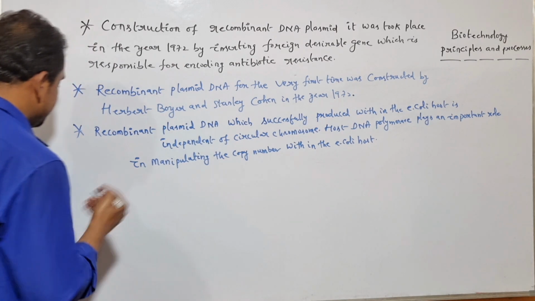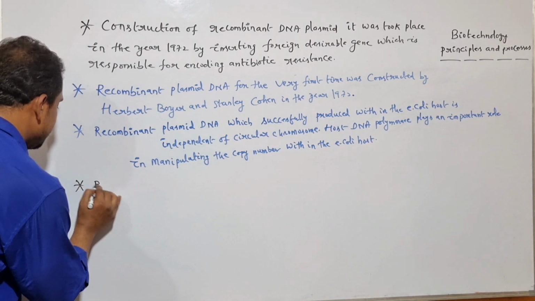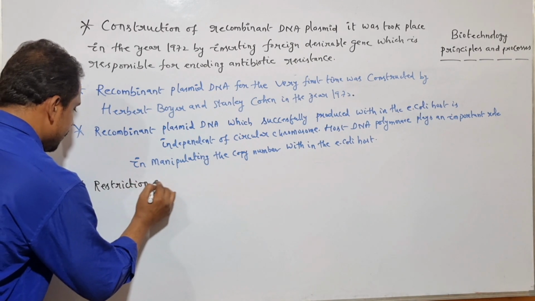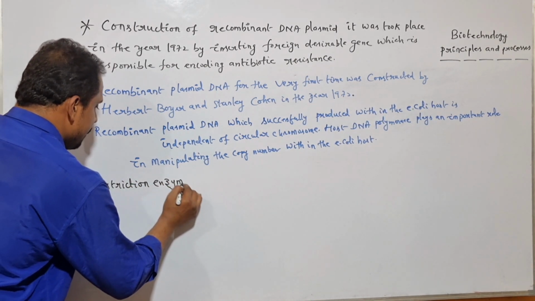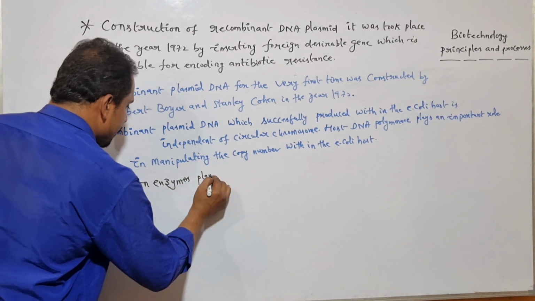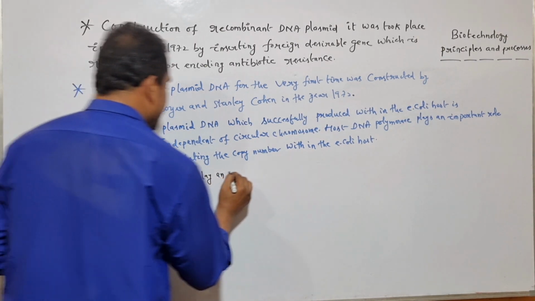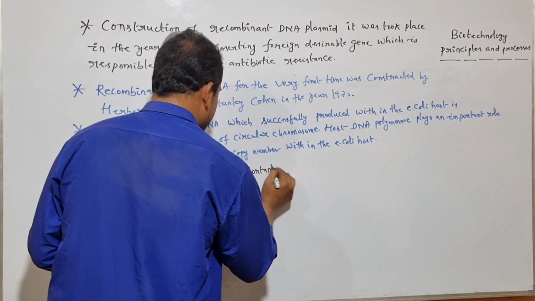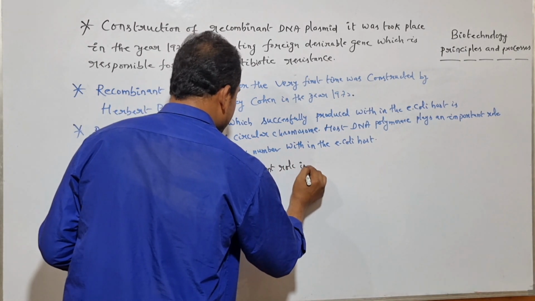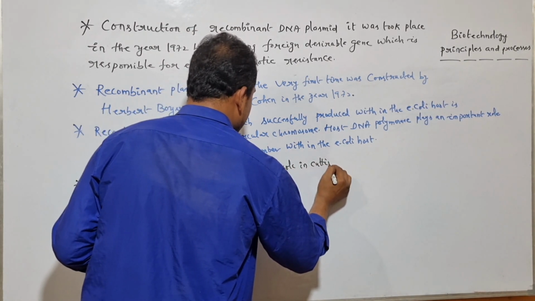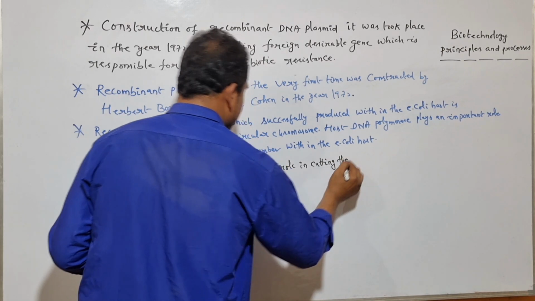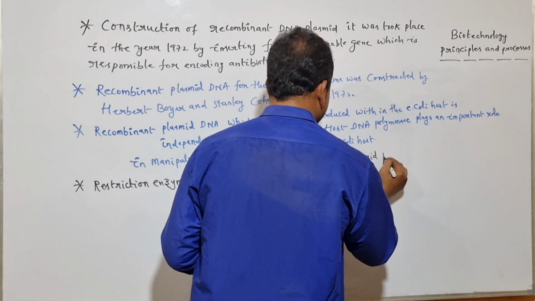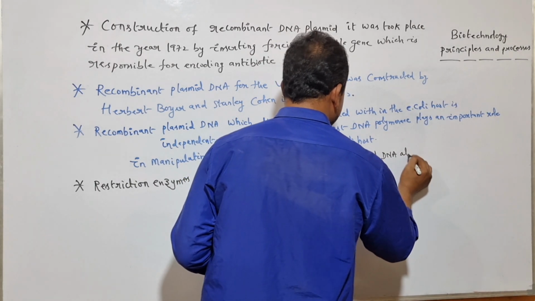Restriction enzymes play an important role in cutting the plasmid DNA at a desirable site.